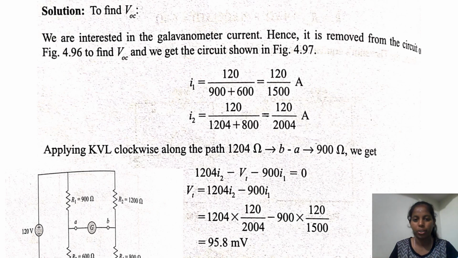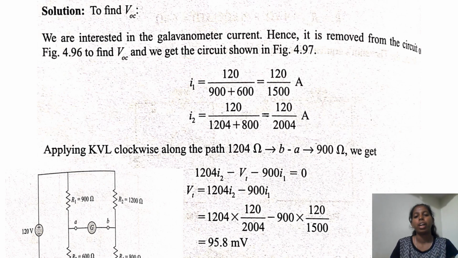Now let's move on to the solution of that problem. To find VOC, we are interested in the galvanometer current, hence it is removed from the circuit, and we get the circuit shown in the next slide. Hence we have to find I1 and I2.